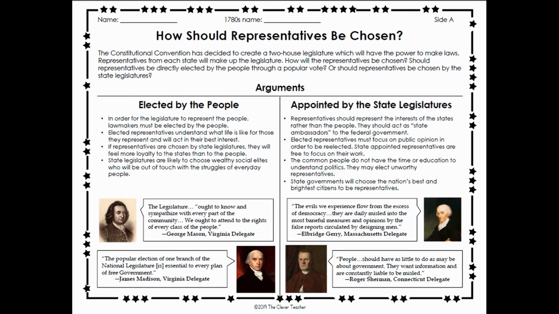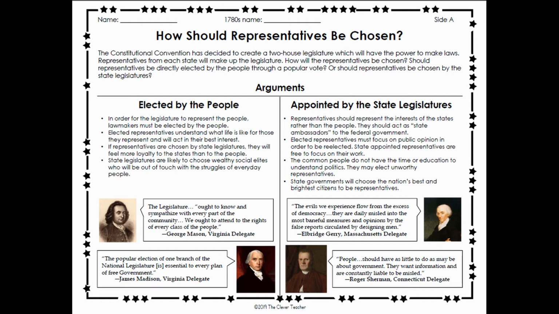Here are the arguments. Elected by the people. In order for the legislature to represent the people, lawmakers must be elected by the people. Elected representatives understand what life is like for those they represent and will act in their best interest. If representatives are chosen by state legislatures, they will feel more loyalty to the states than to the people.